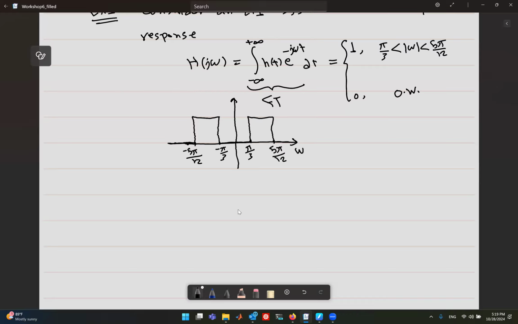It will be passed. Otherwise, if the frequency of the input signal is anywhere outside those bands, it will be zero. It will be killed. It will not pass at all. That's why we also call it an ideal bandpass filter.